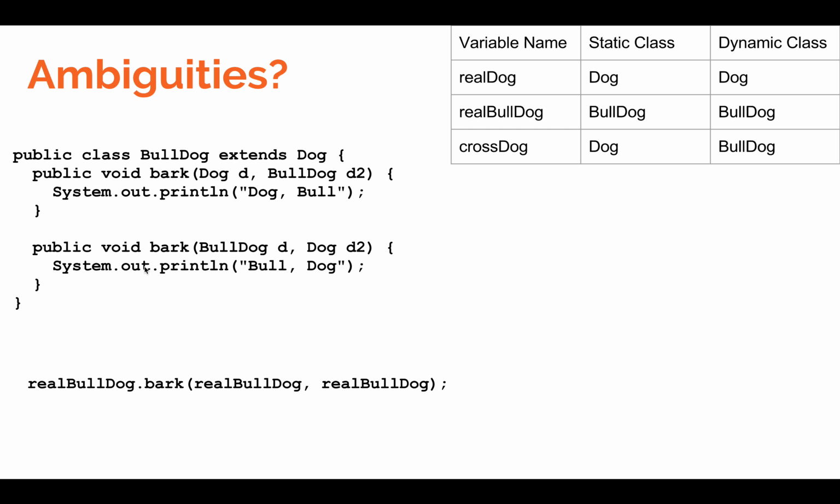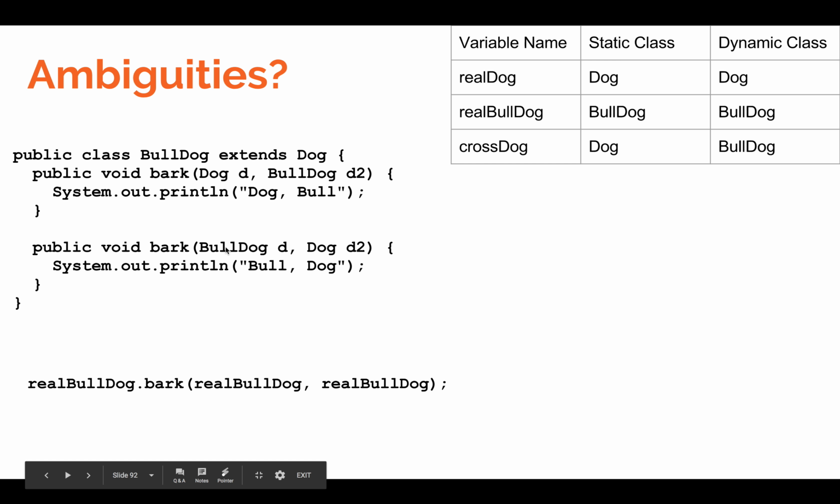What happens if you try to call real bulldog.bark(real bulldog, real bulldog)? Which one does it call? I heard the second one. Why do you think so? The second one is real bulldog, whose static type is bulldog.